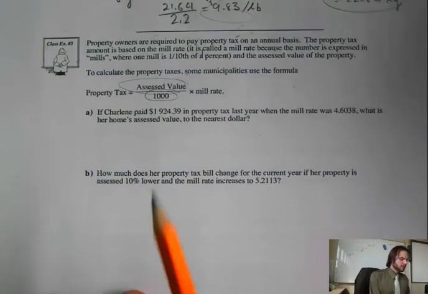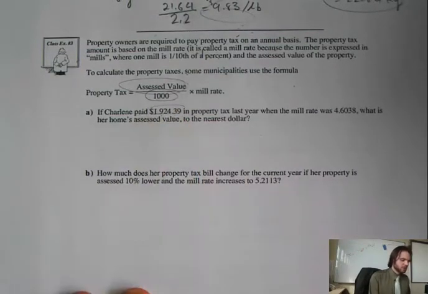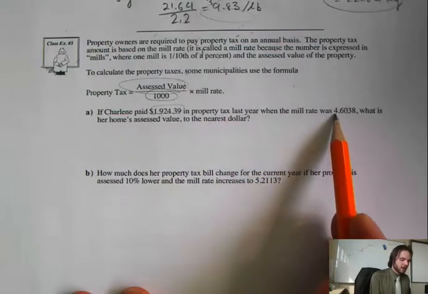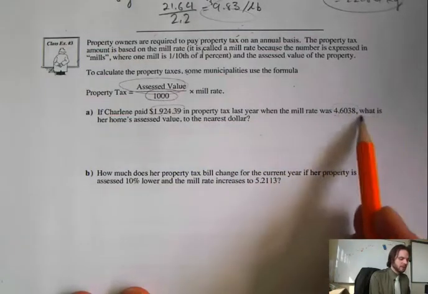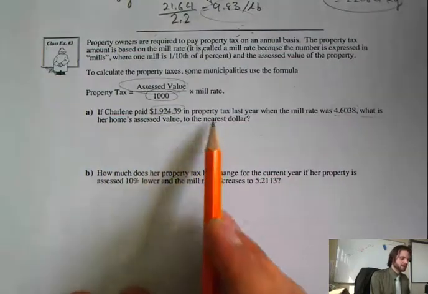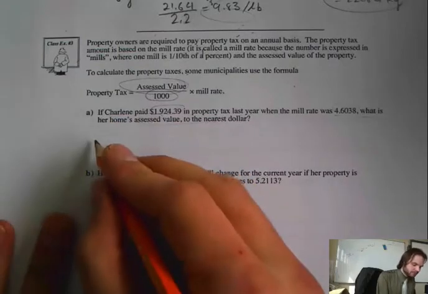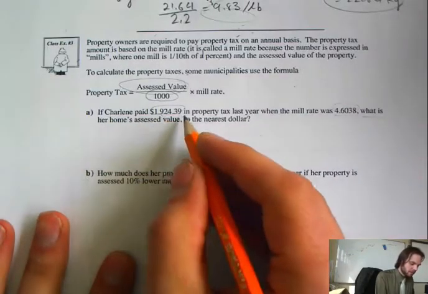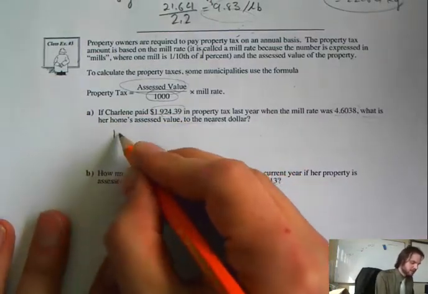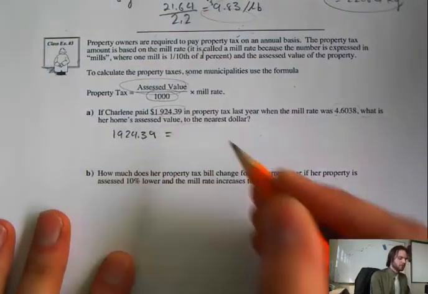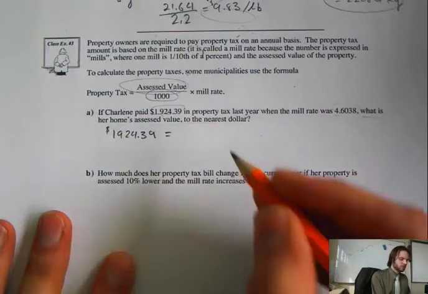Okay, so if Charlie spent this much here, and the property tax last year was a mill rate of 4.6038. What is her home assessed value? So let's take a look at this one here. Charlie paid, that's her property tax, 1924.39 is how much her tax was, plugging into the equation.